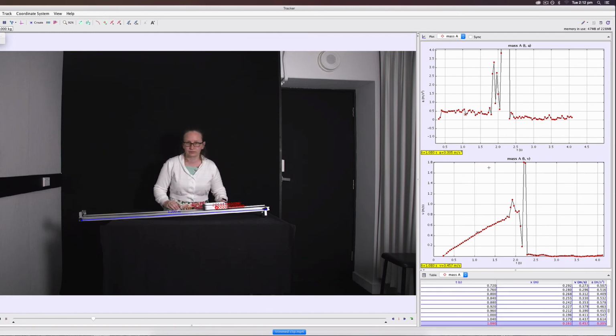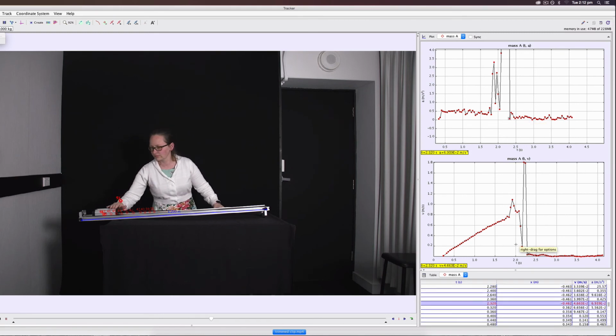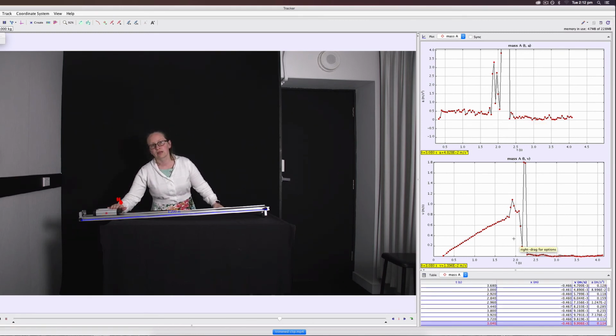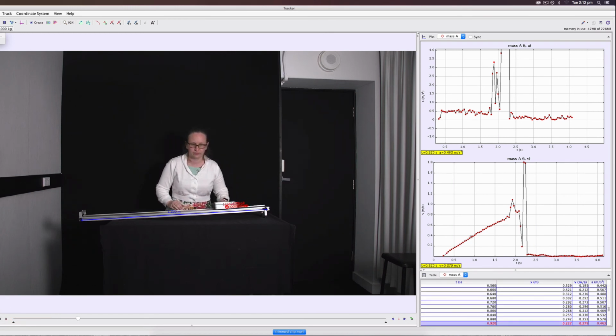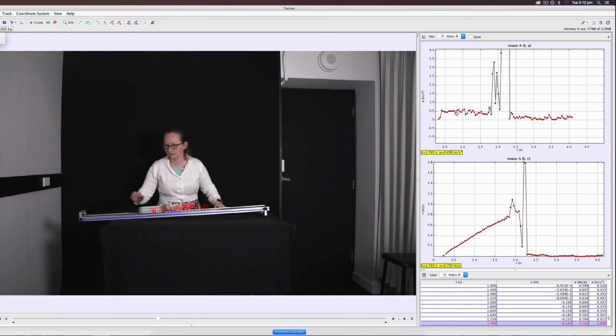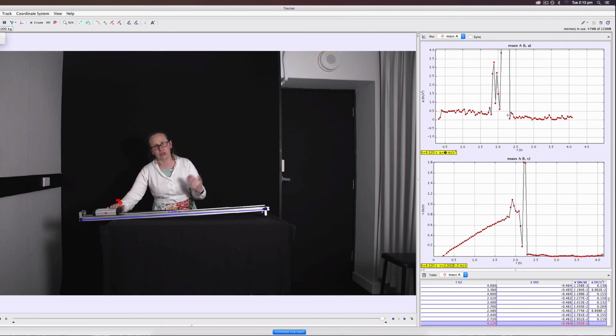Our top graph is the acceleration versus time graph, and the lower graph is the velocity versus time graph. For the velocity versus time, we've got a fairly straight line. For the acceleration versus time graph, we've got a fairly flat line, which is what we expect, until the cart comes to the end and I stop it, at which point the acceleration starts going a little strange.